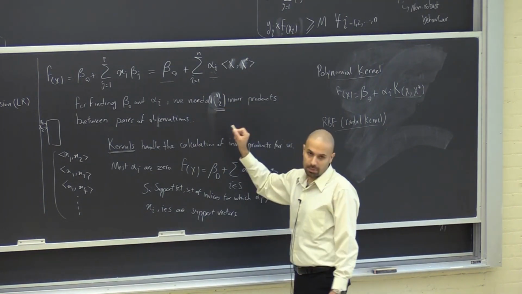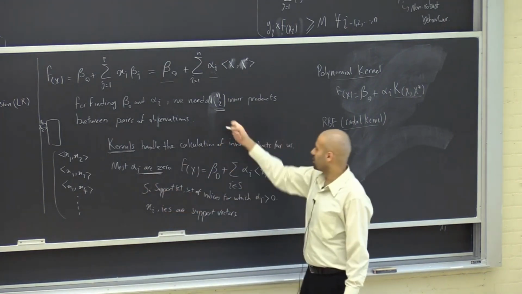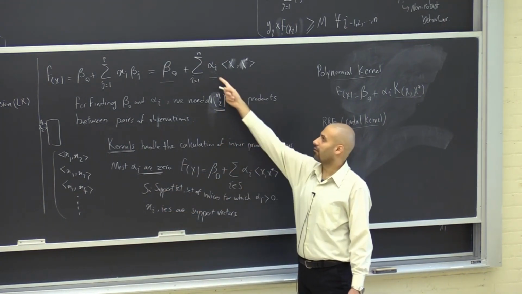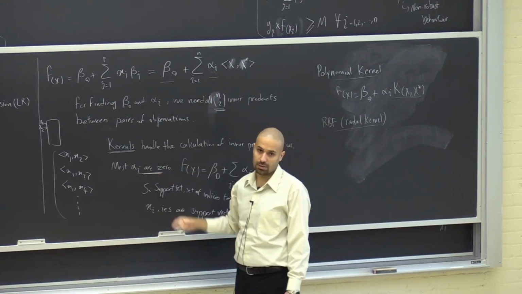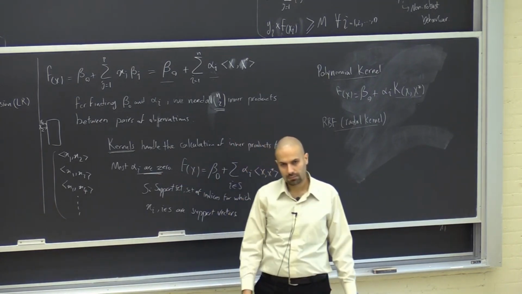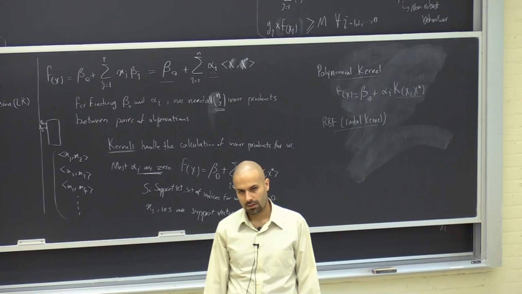Potentially, yes, but actually, no. Potentially, we have the flexibility to have all these alpha i's being non-zero, but most of them end up being zero. So we end up with a new dimension that is less than the number of samples.